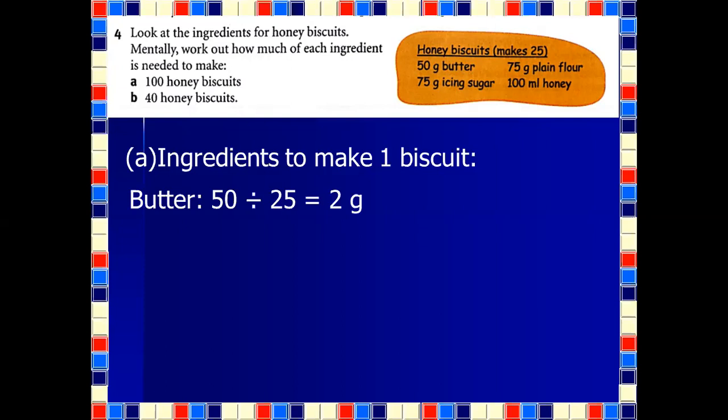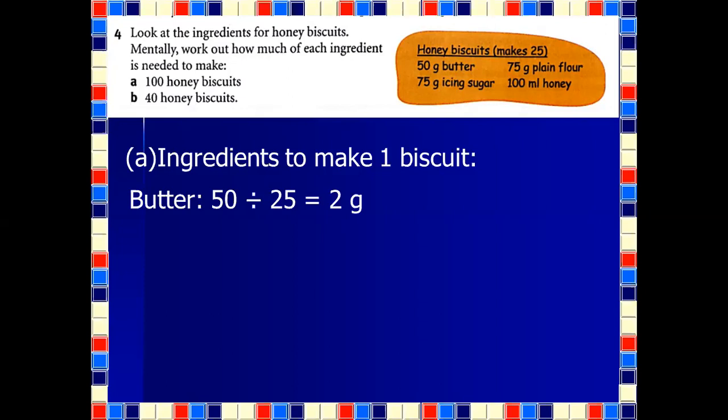I need 50 butter, 75 sugar, 75 flour, and 100 milliliters of honey, right? So we'll divide all of these amounts by 25 to find the ingredients to make 1 biscuit. Is it right? Yes, Kenan.